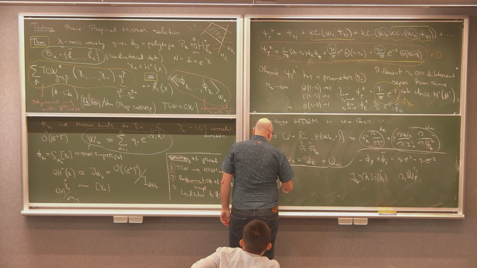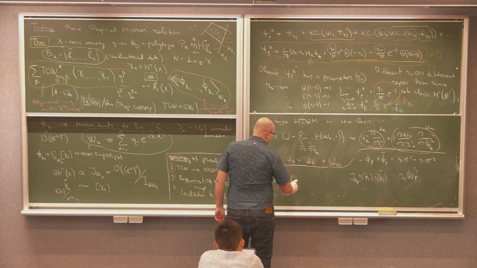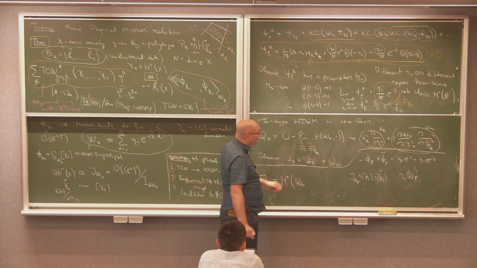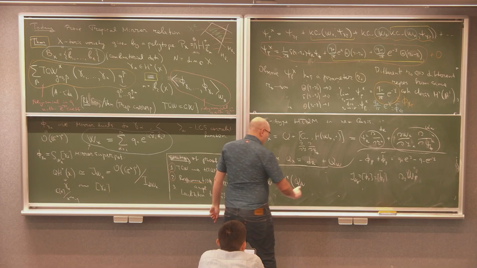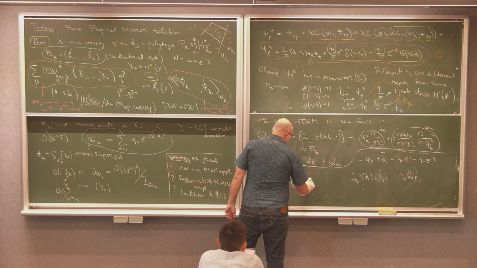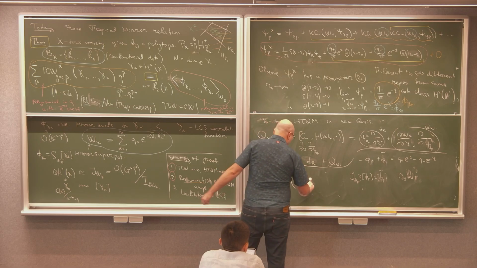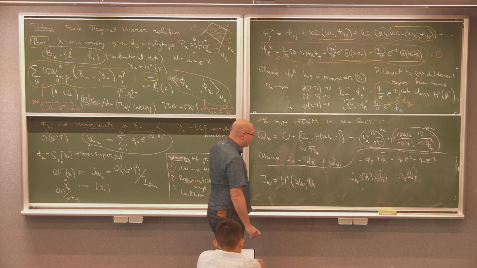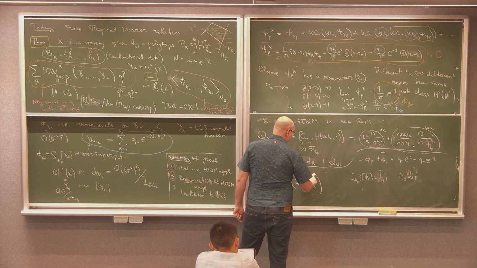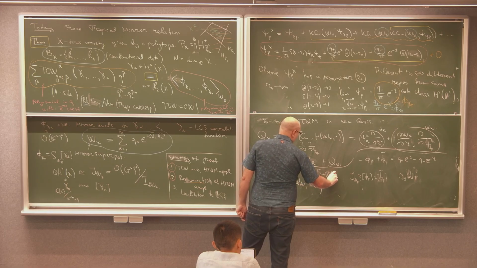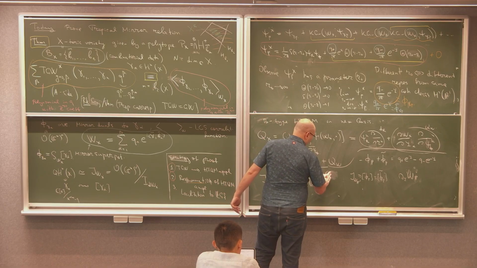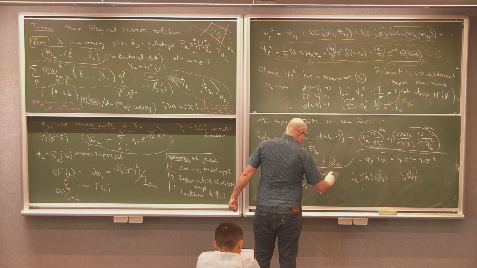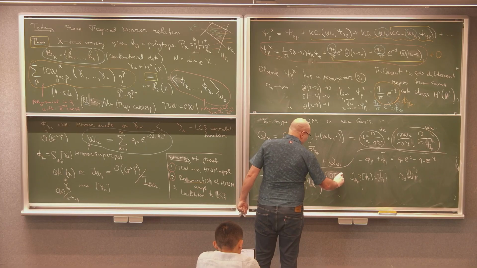So we can represent it as a cohomology of this operator QW, acting on some auxiliary vector space, let me call it U. This vector space U is functions of y and psi phi.